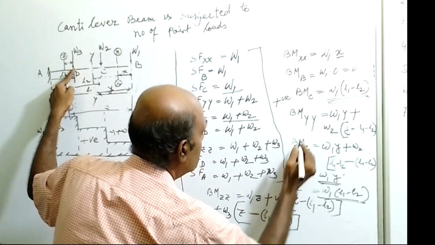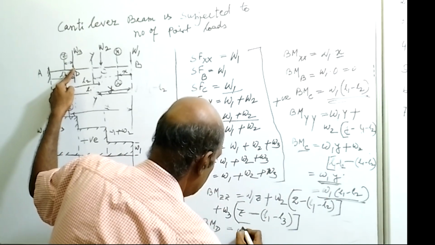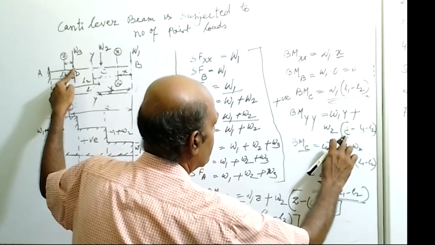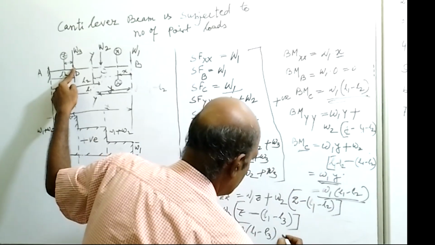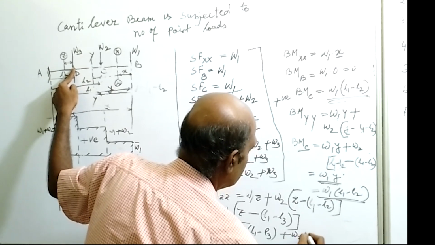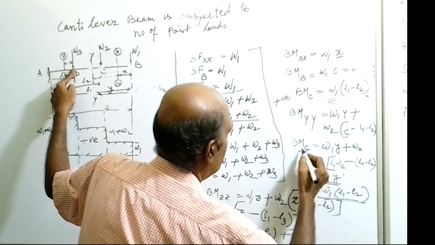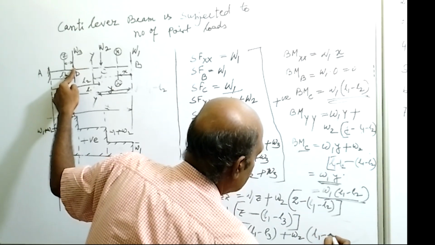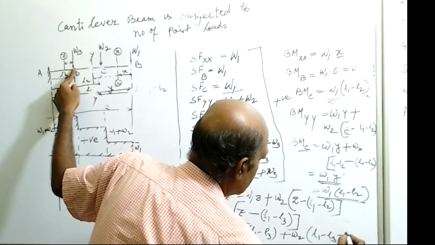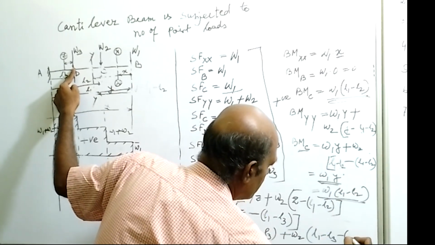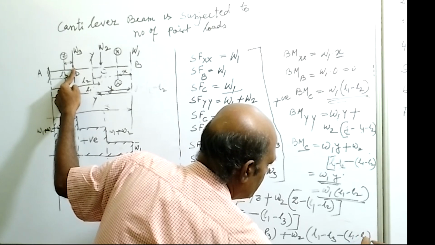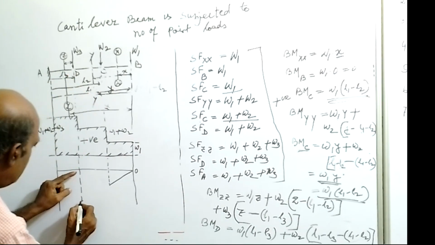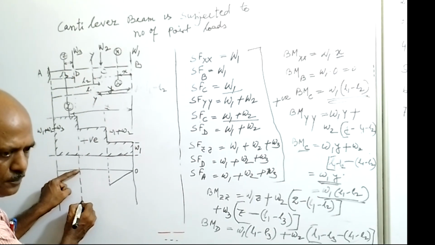So bending moment is equal to W1 into L1 minus L3, plus W2 into, instead of y, L1 minus L3 minus L1 minus L2. Okay. So this will come, so with some scale you just mark here this value.